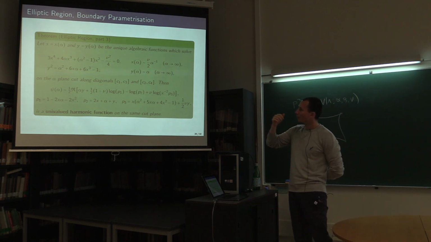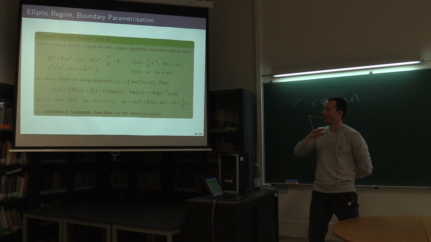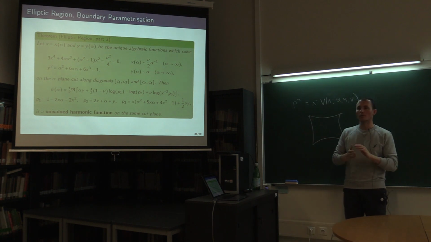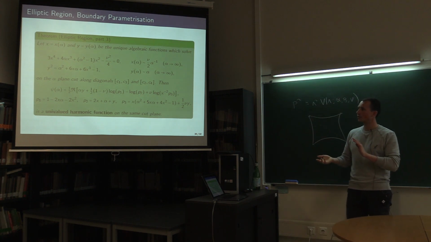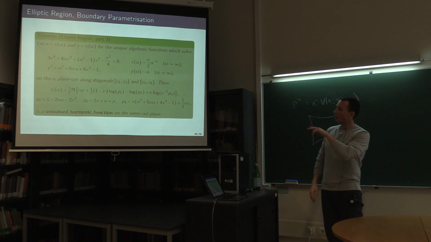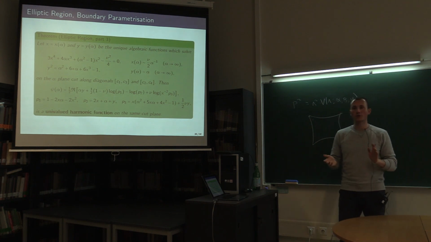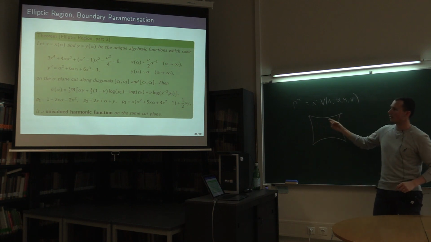Then if you define this function psi of alpha, which is just the real part of some logarithms involving algebraic functions, this function psi is a univalued harmonic function on the same cut complex plane.